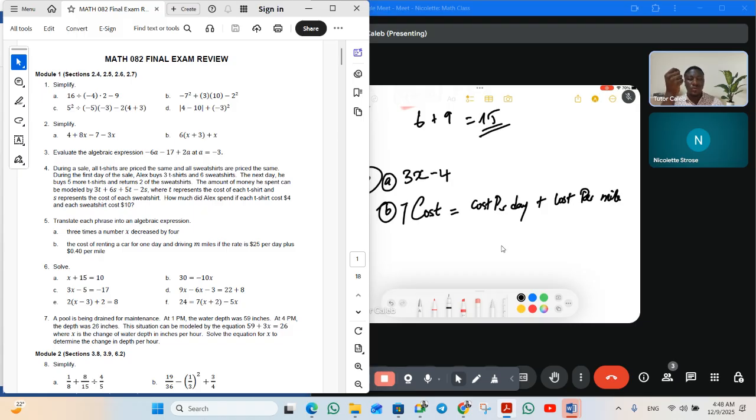Then when you finish riding it for, let's say, 10 miles, you're going to pay the cost for 10 extra miles, right? If you go to a car shop, for example, to rent a car, they charge per day and for the number of miles you're going to run the car.